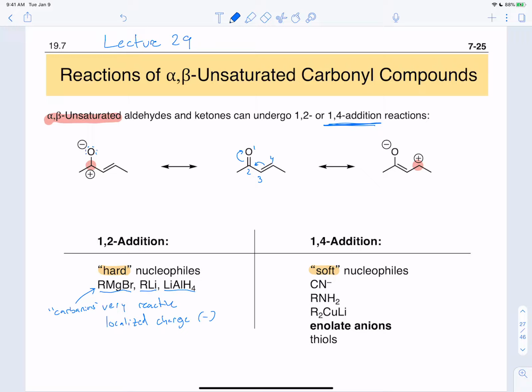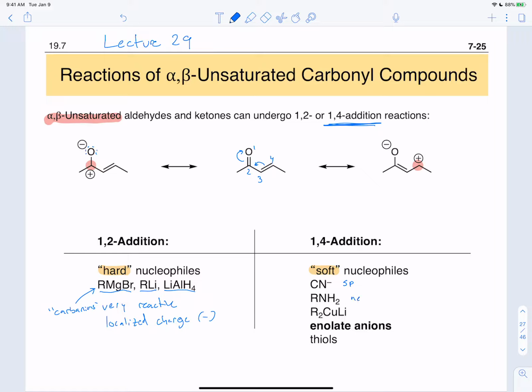Soft nucleophiles, on the other hand, are anions or even neutral compounds that are much less reactive. They're still nucleophilic, but their electron density will frequently be spread out a little bit more. If you think about a nitrile, this is an sp hybridized carbon, so it's quite electronegative. That means it's a less reactive nucleophile, and it also has this electron withdrawing nitrogen on it as well.